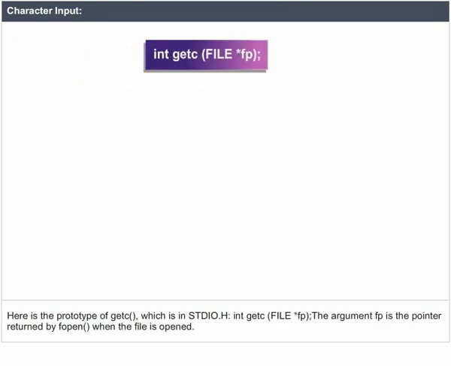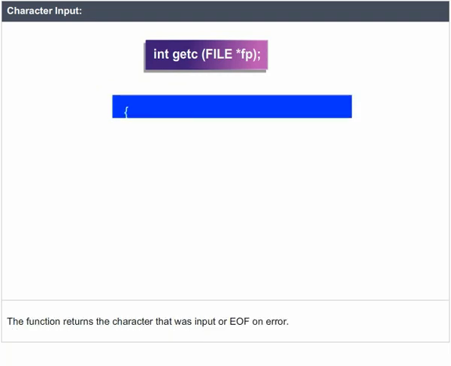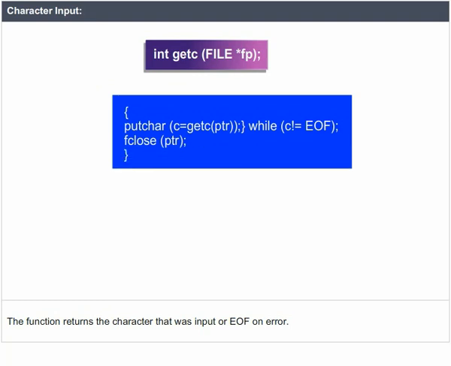Here is the prototype of getc, which is in stdio.h: int getc(FILE *fp); The argument fp is the pointer returned by fopen when the file is opened. The function returns the character that was input or EOF on error.